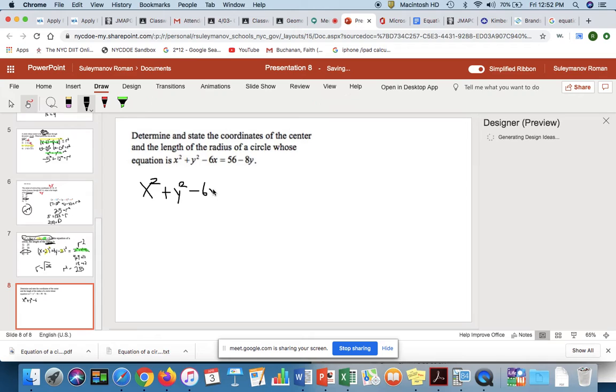If you want it in standard form, you're supposed to move this 8y to the other side, or add 8y to the other side. 8y is not a like term, which means you just write plus 8y equals 56. This was one of the common mistakes. People were using negative 8y, so when you use the shortcuts, you have to have it in standard form.